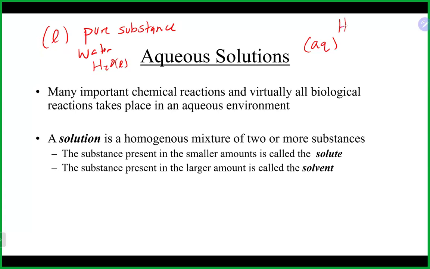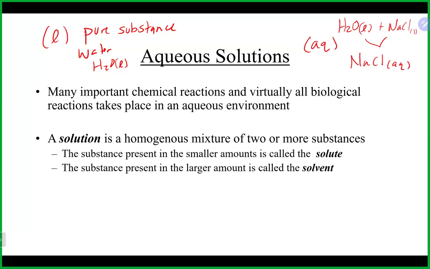So if you took water, once again, that is a liquid, and you took some sodium chloride, which is a solid, the sodium chloride will dissolve in the liquid part. And those guys will then become a sodium chloride solution, and that guy would get the aqueous symbol next to it. Again, it's a homogeneous mixture where everybody retains their identity.